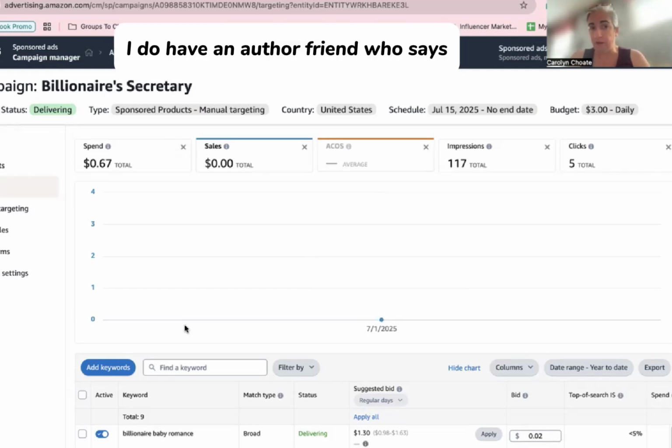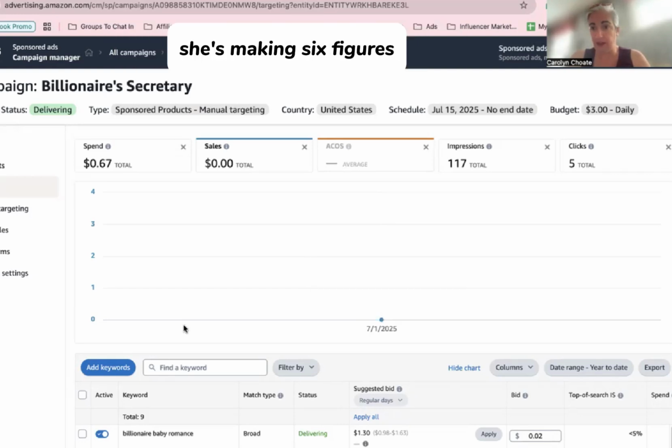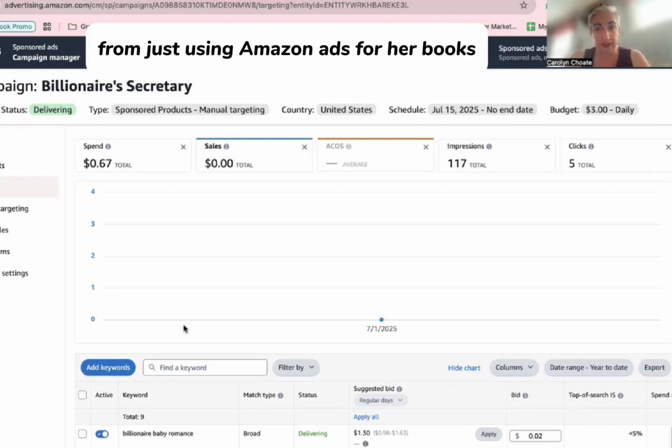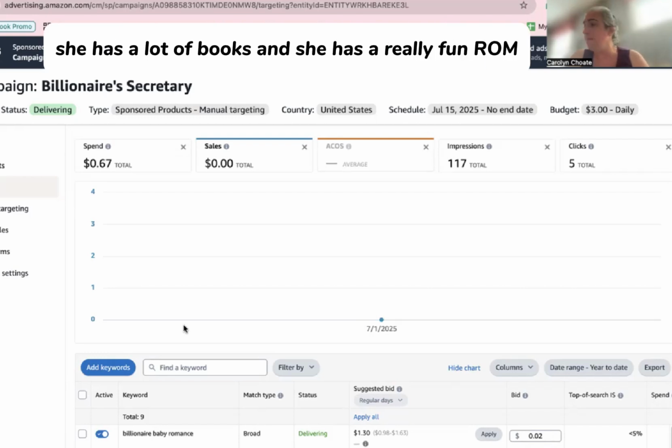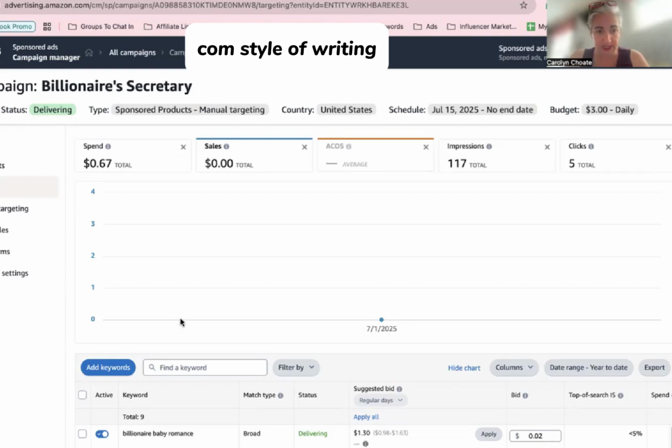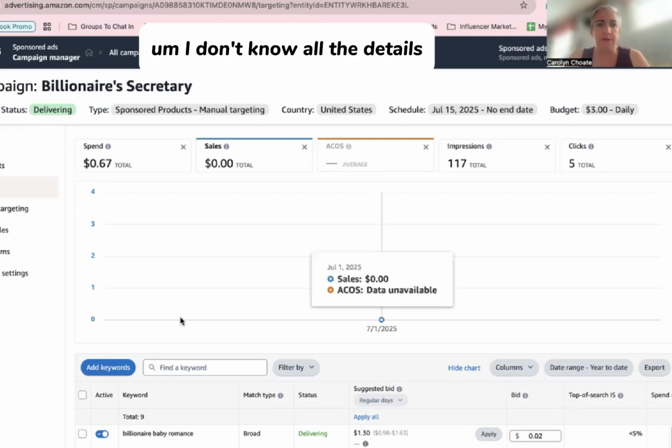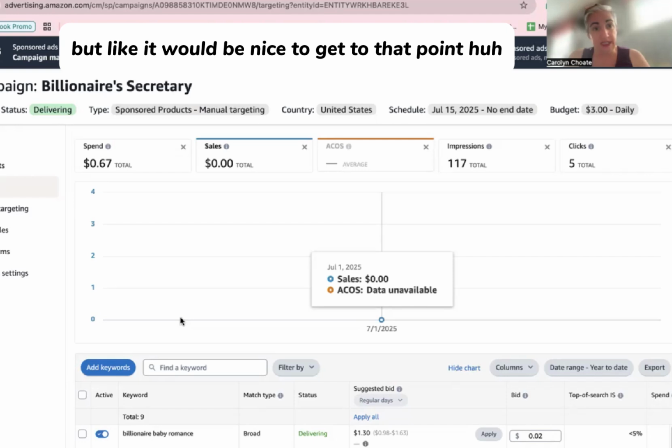I do have an author friend who says she's making 6 figures from just using Amazon ads for her books. She has a lot of books and she has a really fun rom-com style of writing. I don't know all the details, but it would be nice to get to that point, huh?